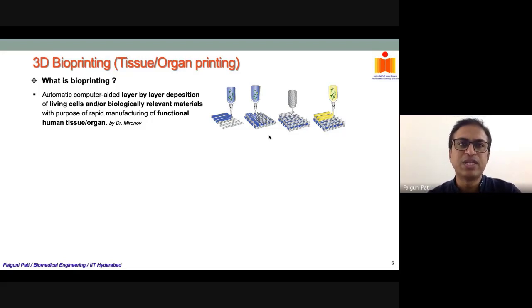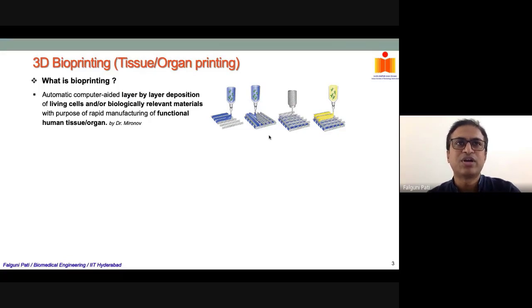You know very well that our body is made up of cells and extracellular matrix components, which are basically the housing of the cells. So when we go for bioprinting, we need these two raw materials: cells and biologically relevant materials that can go into the body and aid in the regenerative process.